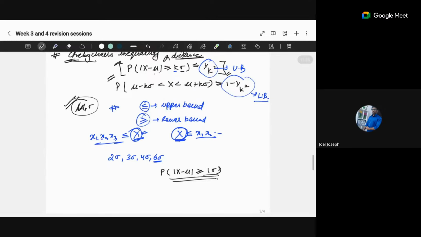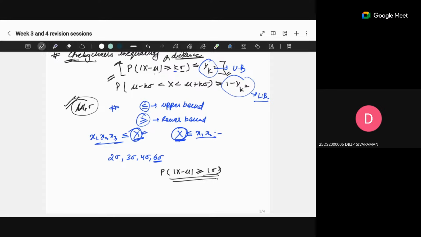Shall I move forward to week 4? In Chebyshev's inequality, there's one version of it, right, which has got an epsilon. Is it an epsilon, not a sigma? I think you're talking about the weak law of large numbers.